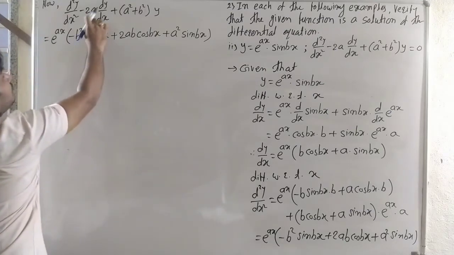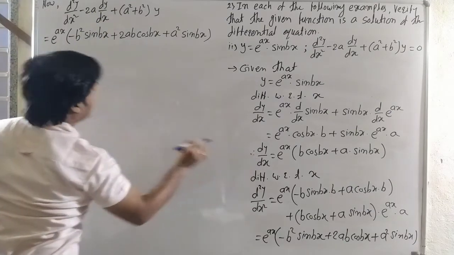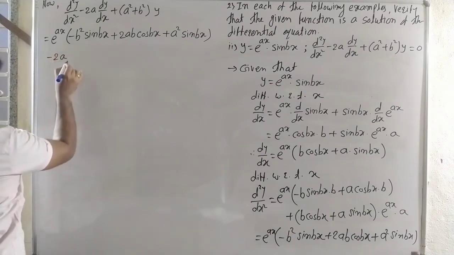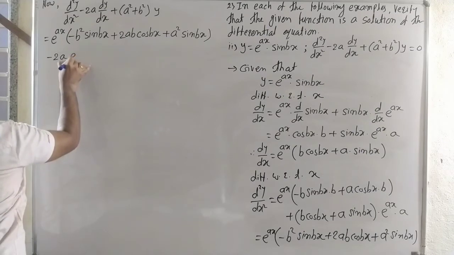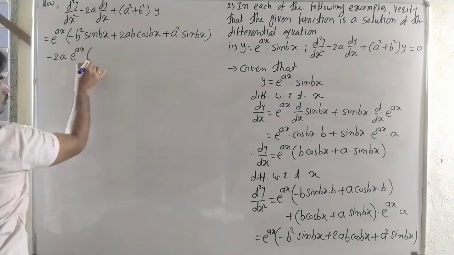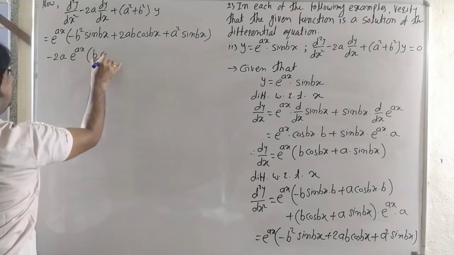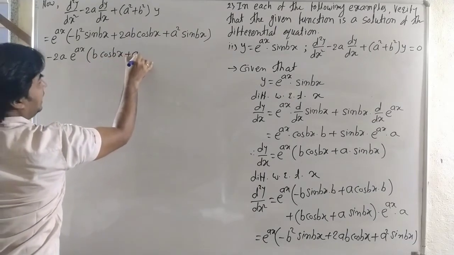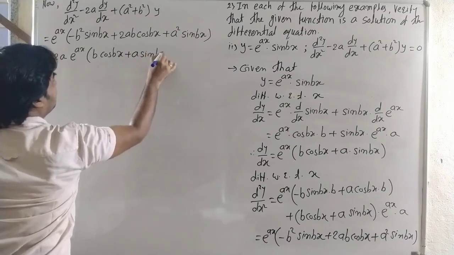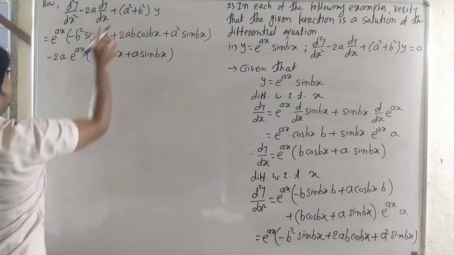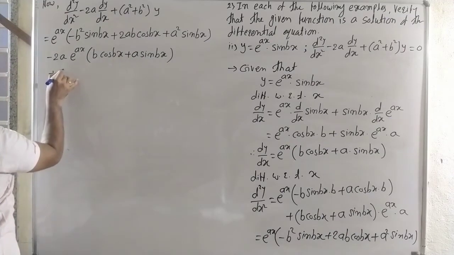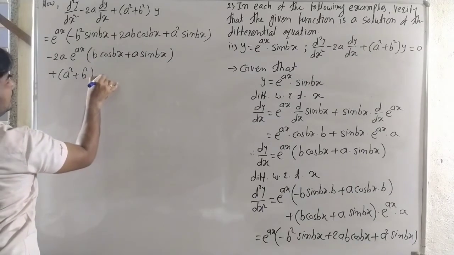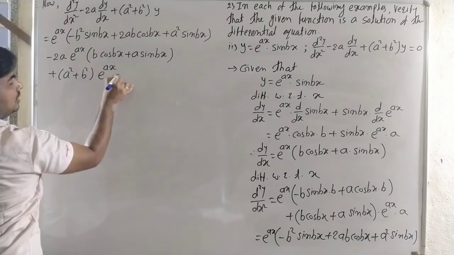Now the second term is 2a dy by dx. Then minus 2a dy by dx, it is e to the power ax into b cos bx plus a sin bx, and the last term, plus a square plus b square into y, it is e to the power ax into sin bx.